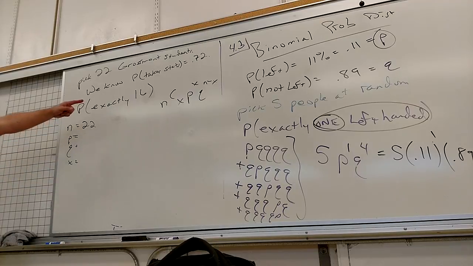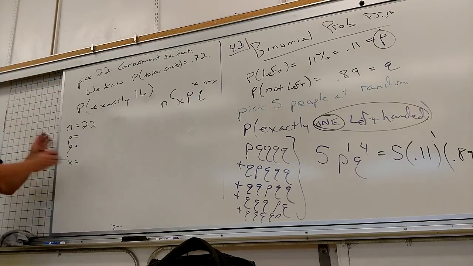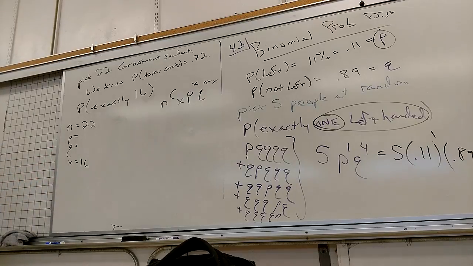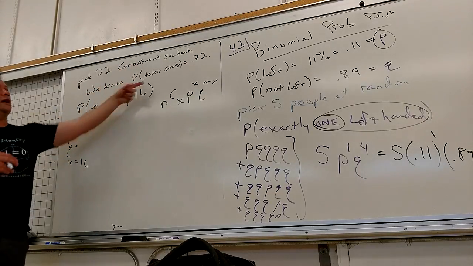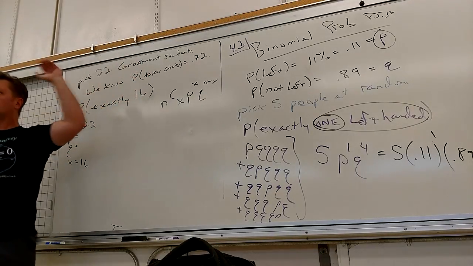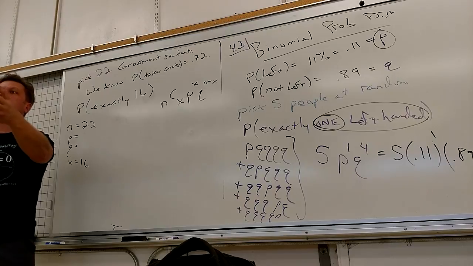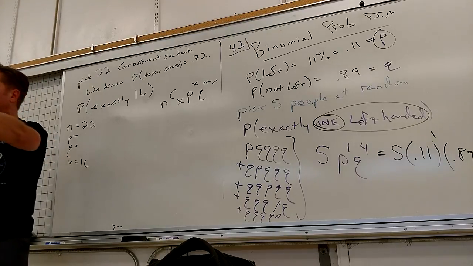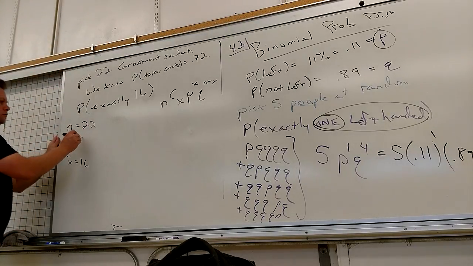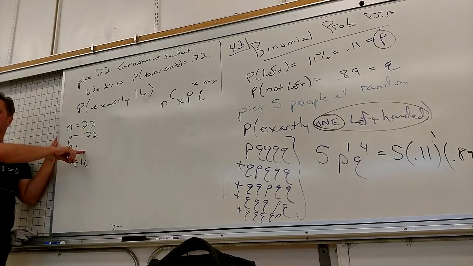So how many successes do I want? 16. What's p? 0.72 is the probability of success. And I said that exactly 16 have to take stats, right? So I'm looking for people that take stats, so p is going to be the probability of that. So 0.72. So what's q? 0.28. The rest.